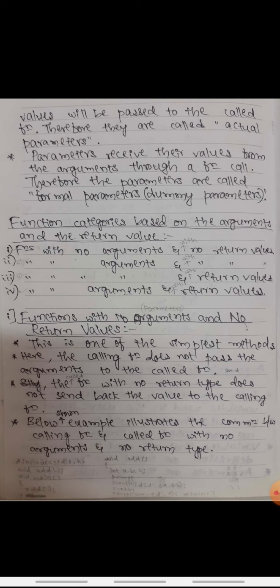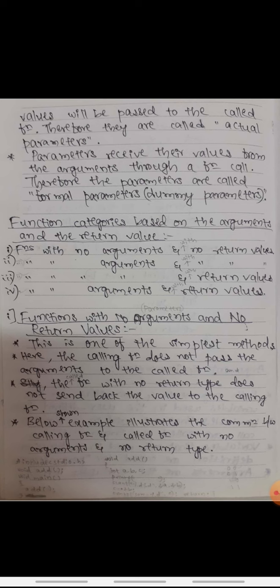Why have we declared the add function with void? Because the add function is not returning any value, so we have used void. Open the main function with void main. Inside the main function, call the function. The function call statement is like this: add, in parentheses no arguments.